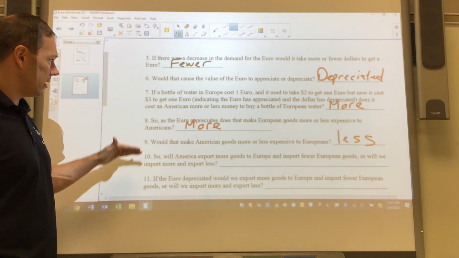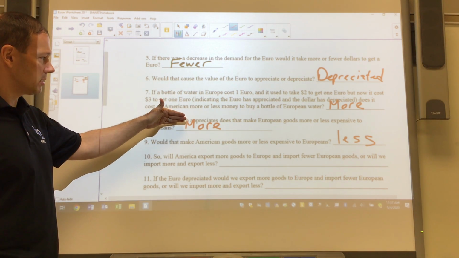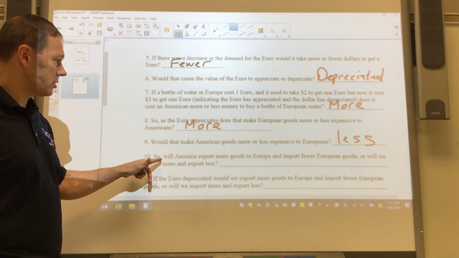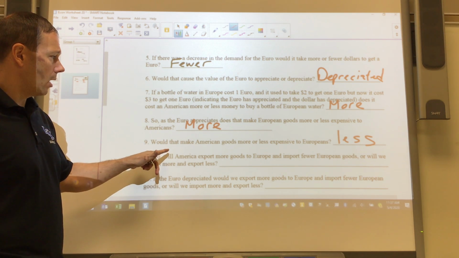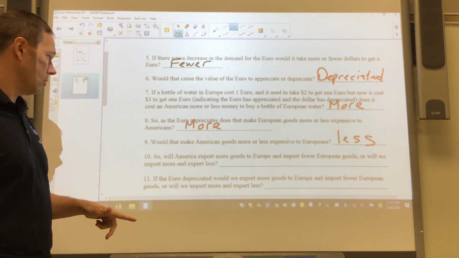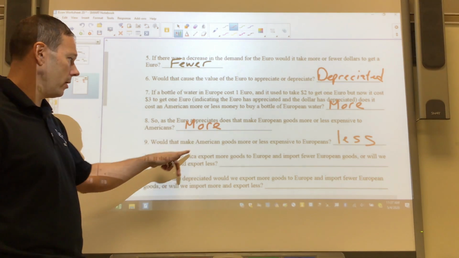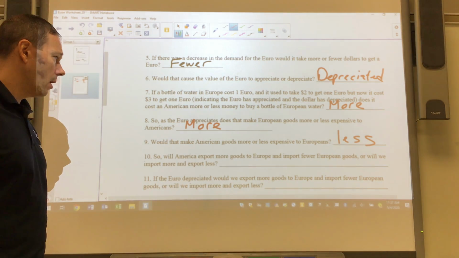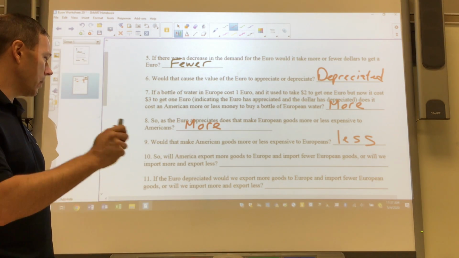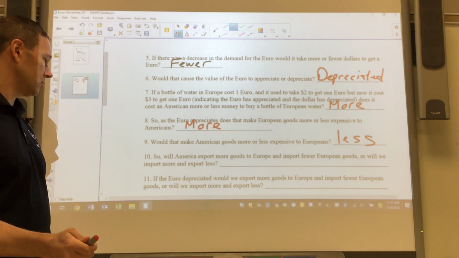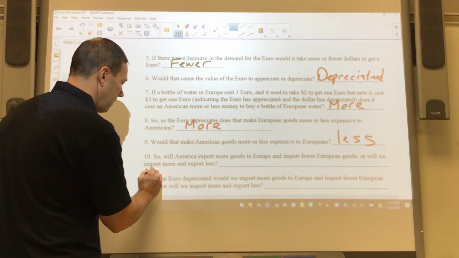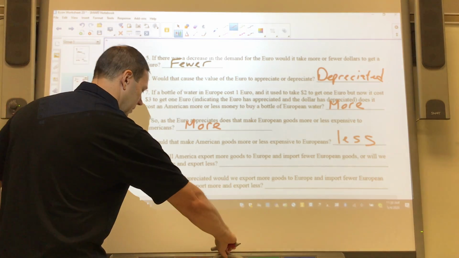So the question then is, their stuff is more expensive to us, our stuff is cheaper to them. Will America export more goods to Europe or import fewer European goods, or are we going to import more and export less? Well, I'm sorry, I'm getting this backwards.